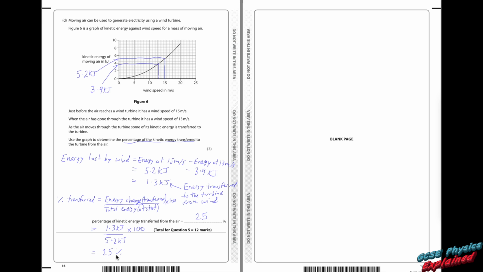So that comes out as 25%. So 25% of its energy has been given to the turbines. And that makes sense, because 1.3 multiplied by 4 would be 5.2, okay? So 1.3 is a quarter of 5.2. So 1.3 is 25% of 5.2.